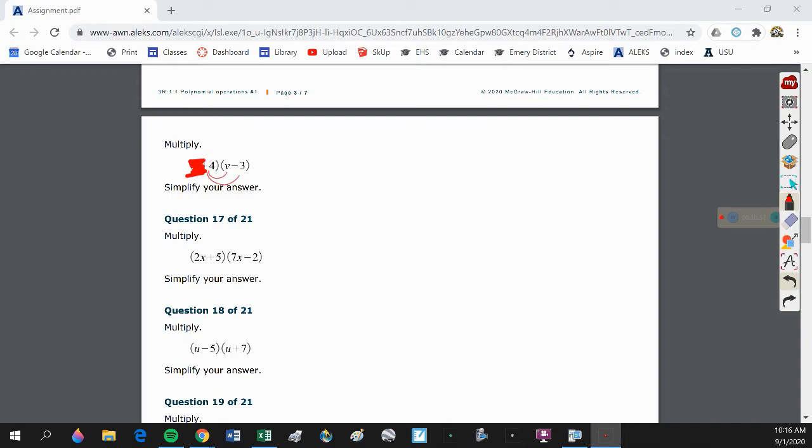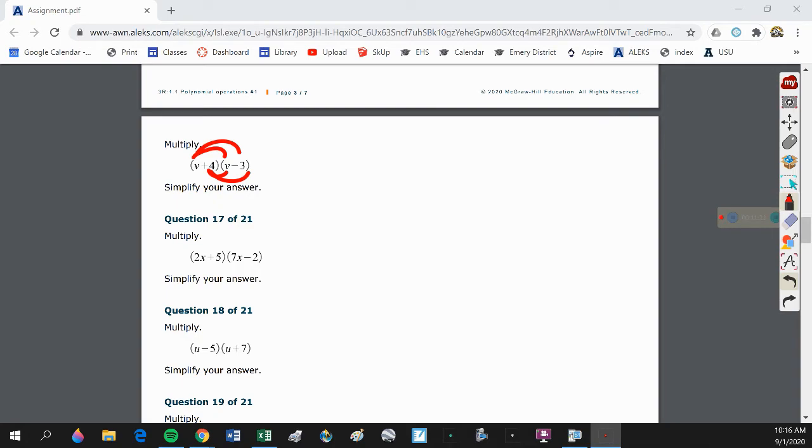So I distribute each one of those into that second binomial. Now that we have both of them, I need to distribute the v, and I need to distribute the 4. Okay? Now you can just multiply it out like that by hand, but here's how I want you to do it, and I'm doing it specifically this way because it will help us in the future.